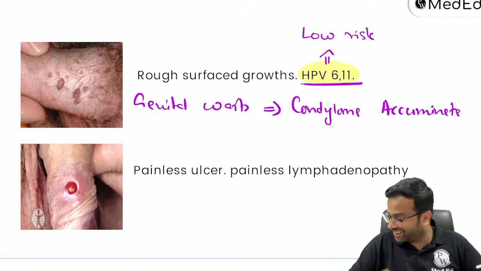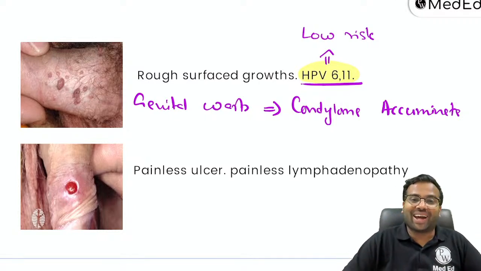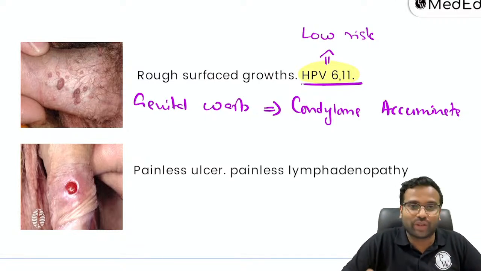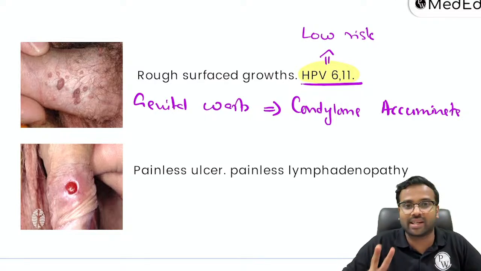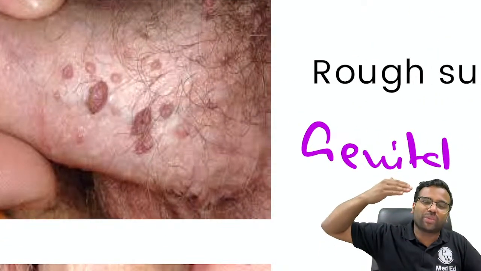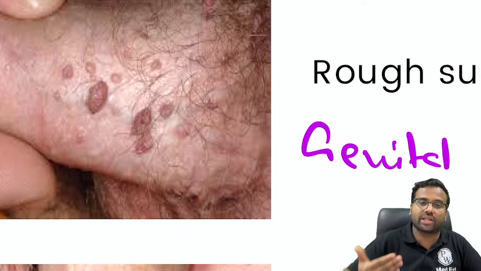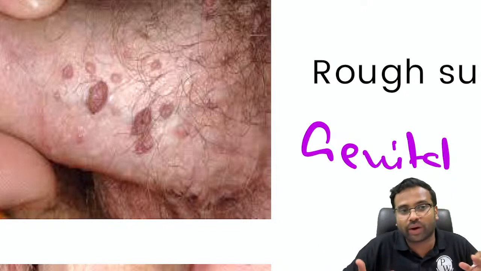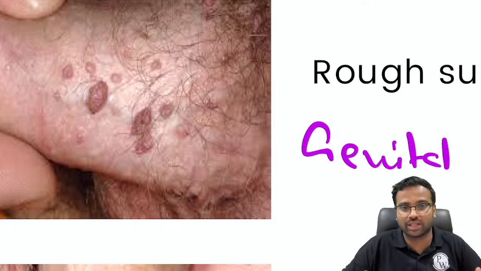Yeah. Very good. It's a highly infectious lesion, again seen in the genitalia, in secondary syphilis. In condyloma lata you may see flat top lesions in the genitalia, whereas here you find rough surface lesions in the genitalia.